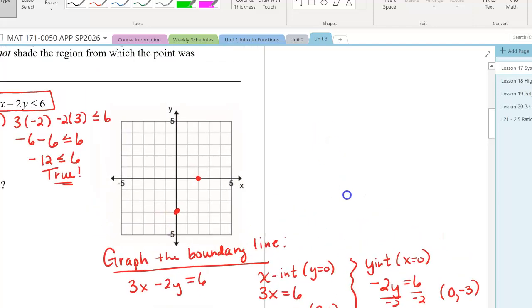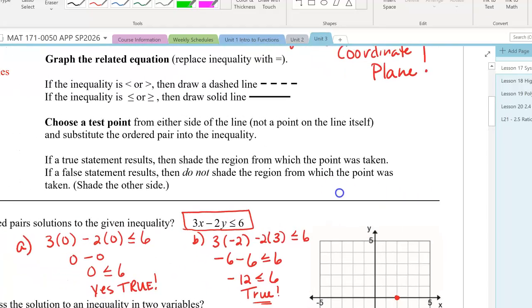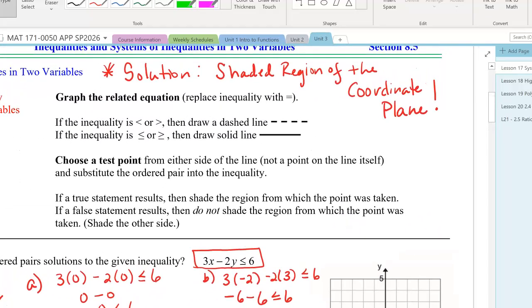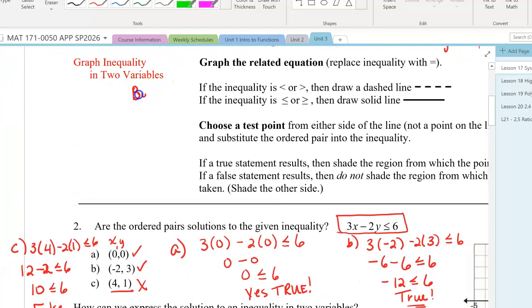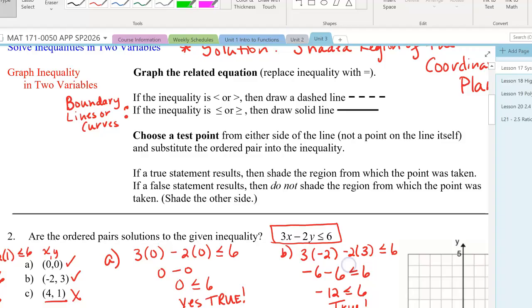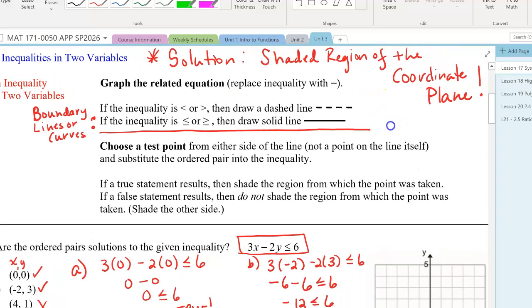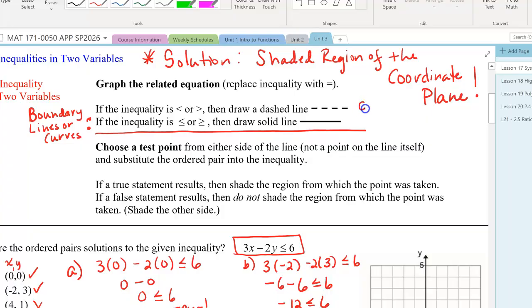Now, before I draw that line, I want to draw our attention to the directions up here. When you're drawing the boundary lines or curves, if it's a parabola, then if the inequality has a less than or greater than but no equals to, you're going to graph it with a dashed line, kind of like we use an open circle or parentheses in interval notation.